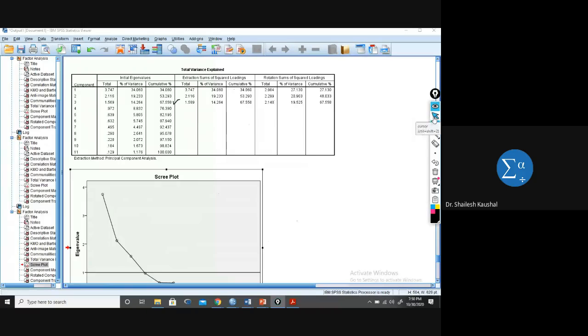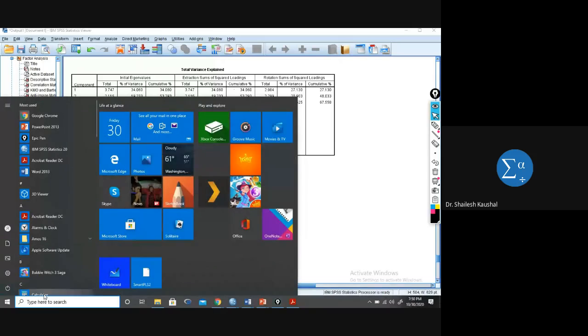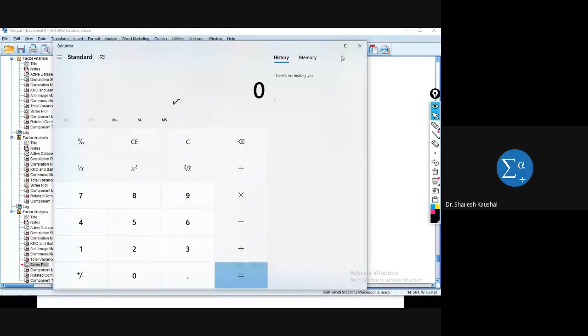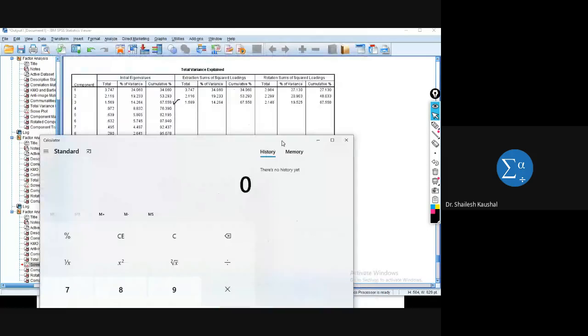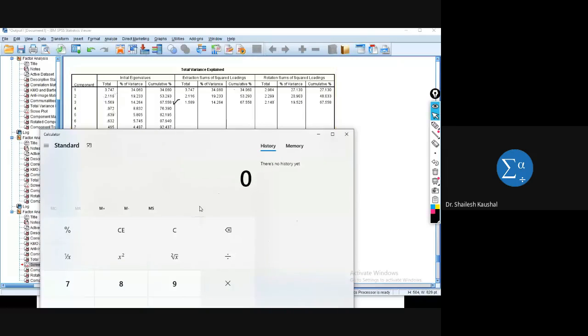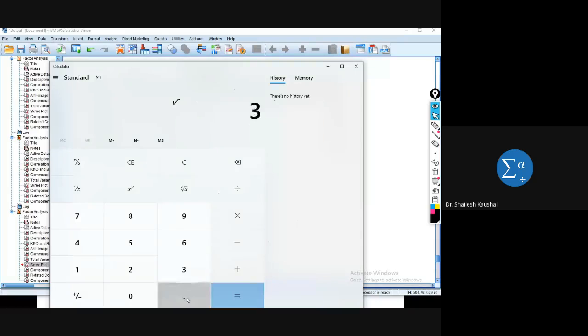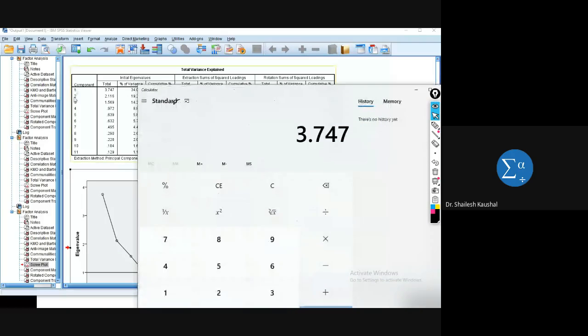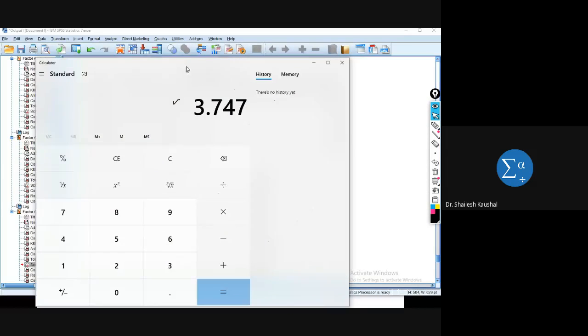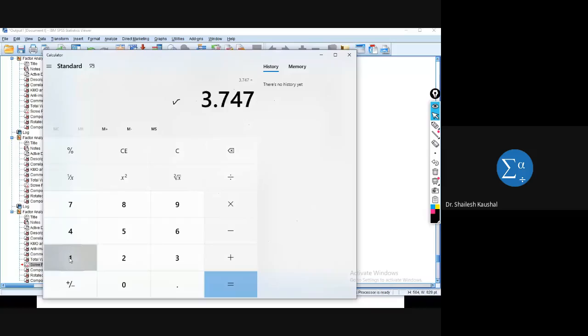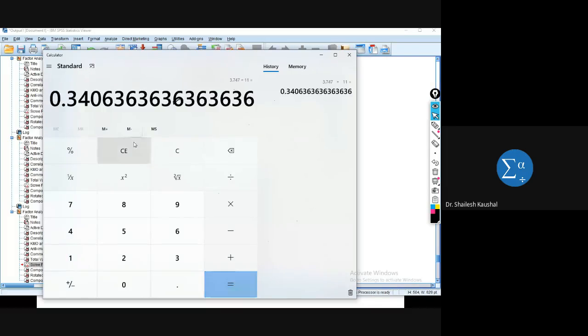Here basically, I am using the calculator. I think you can see the calculator. This value is 3.747, and how many questions here? 11. I am dividing it by 11 and then equal to, it is 34.06.